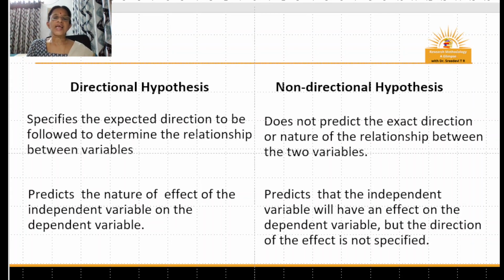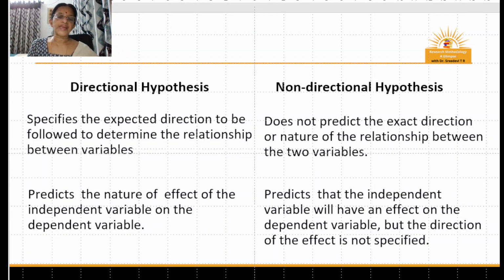Next is directional hypothesis and non-directional hypothesis. Directional hypothesis specifies the expected direction to be followed to determine the relationship between variables. So here direction is given. So which direction? In the positive direction or negative direction? But in non-directional, as the name implies, there is no prediction. It is not predicting the direction or nature of the relationship between two variables.